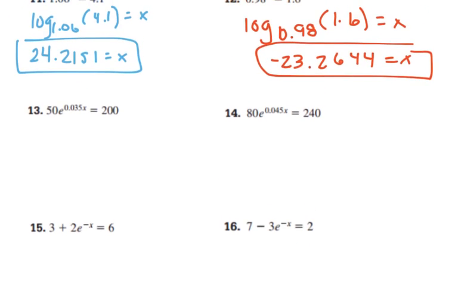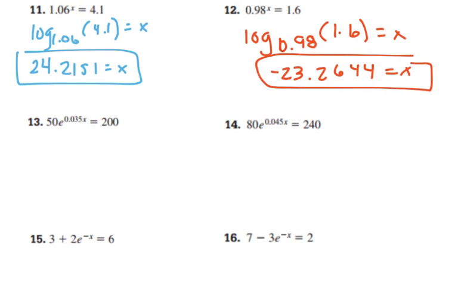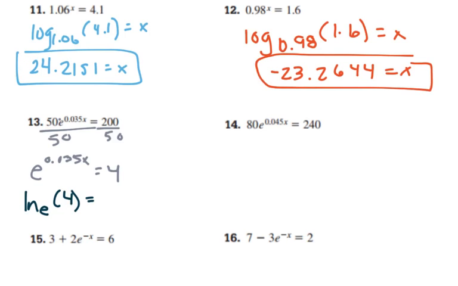Alright, moving on to the next, we have some exponentials, some e's. Either way, we have a multiplier, so we're going to divide out that 50 first and get e to the 0.035x equal to 4. Then we're going to need to rewrite this, but with natural log, of course, because of the e. So natural log, because it's base e, of 4 is supposed to equal 0.035x.